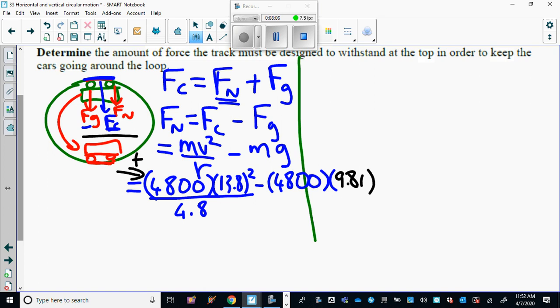And that's why I'm putting a positive 9.81, not a negative. And you'll see when we do our part B problem here why that's important. So you stick all that in and you end up getting an answer of 1.43 times 10 to the 5 newtons.